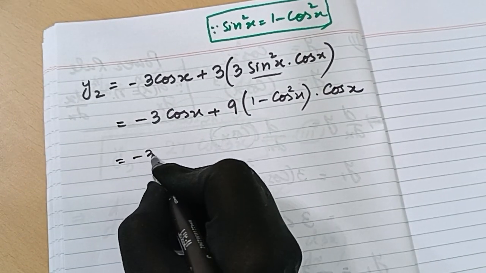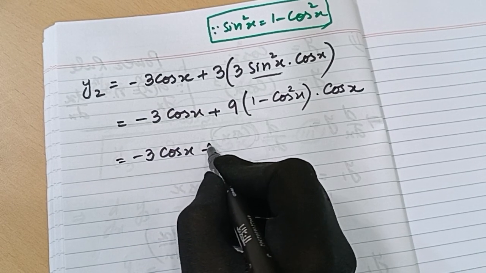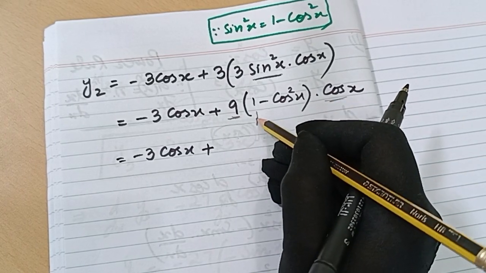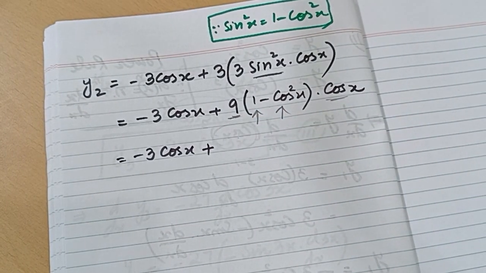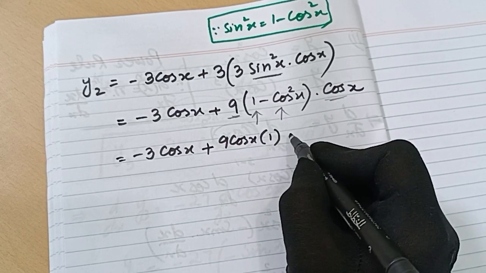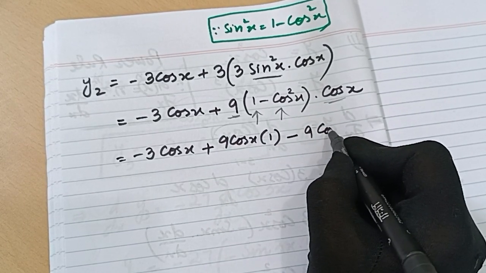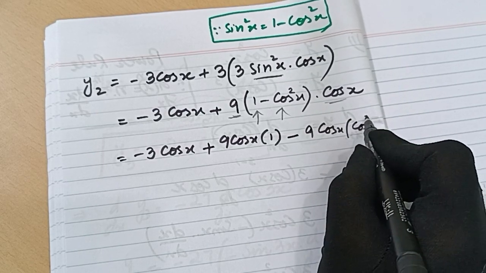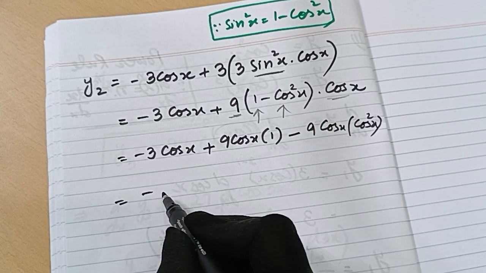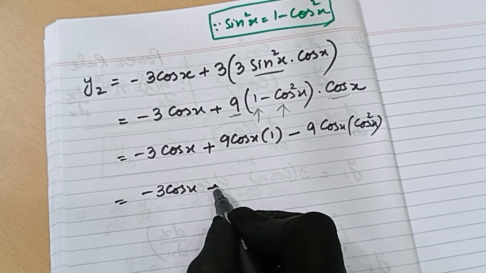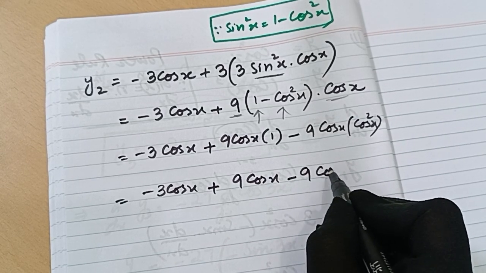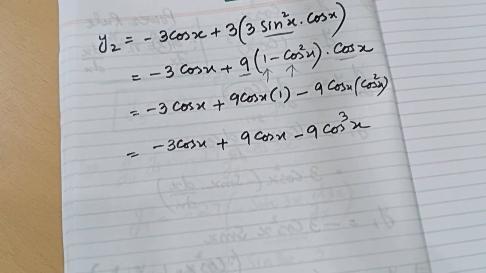Open this bracket: minus 3 cos x plus, the outside number multiplies the first term, then the second term. So 9 cos x multiplied by 1, and minus 9 cos x multiplied by cos square x. Minus 3 cos x plus 9 cos x minus 9 cos cube x.